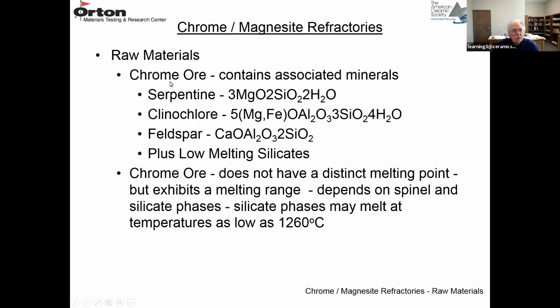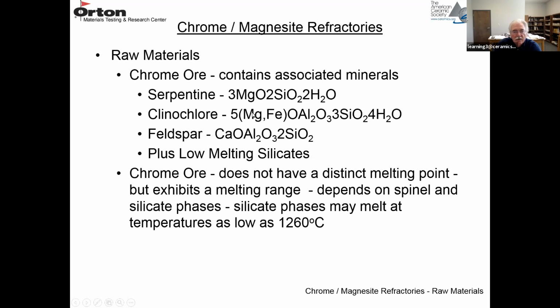Unfortunately, in chromite, the ore has a lot of other minerals. Serpentine, which is a hydrated magnesium silicate, 3MgO, 2SiO2, 2H2O. Clinochlor, which is a magnesium aluminosilicate that's hydrated, so it can be 5MgFeOs, Al2O3, 3SiO2, 4H2O.